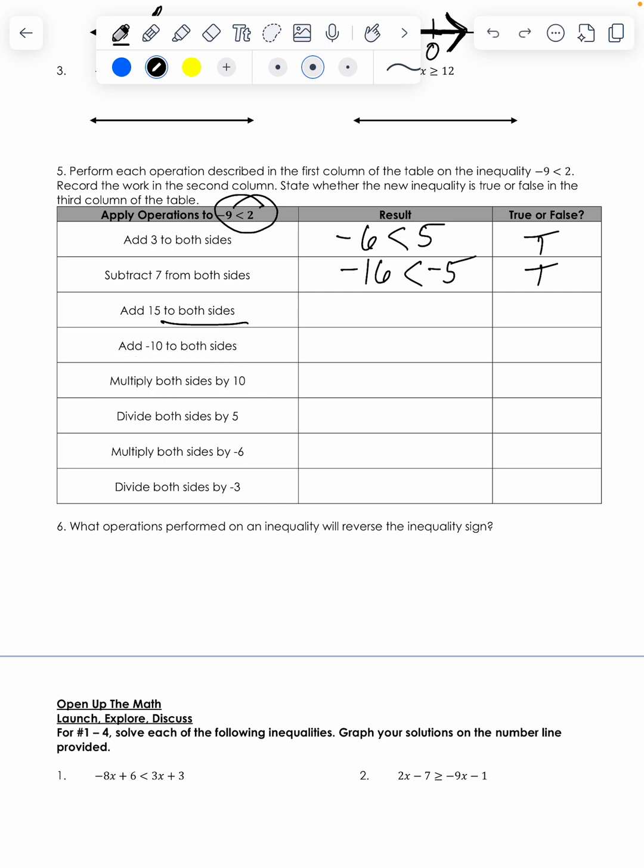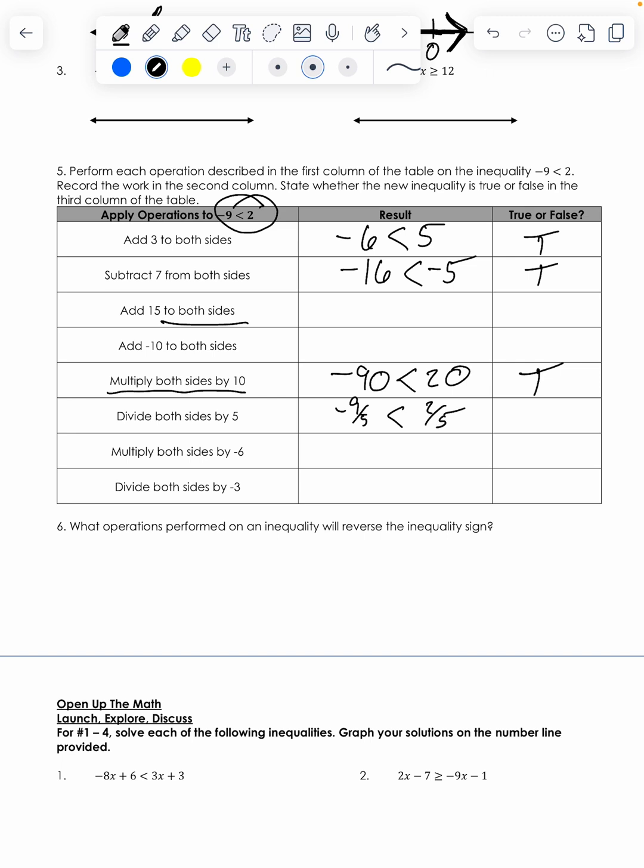So when we have multiplying by a positive, let's look at this multiplied by 10. -9 times 10, -90, right? 2 times 10, 20. That's still true, right? 20 is greater than -90. Divide both sides. -9 over 5 is less than 2 over 5.